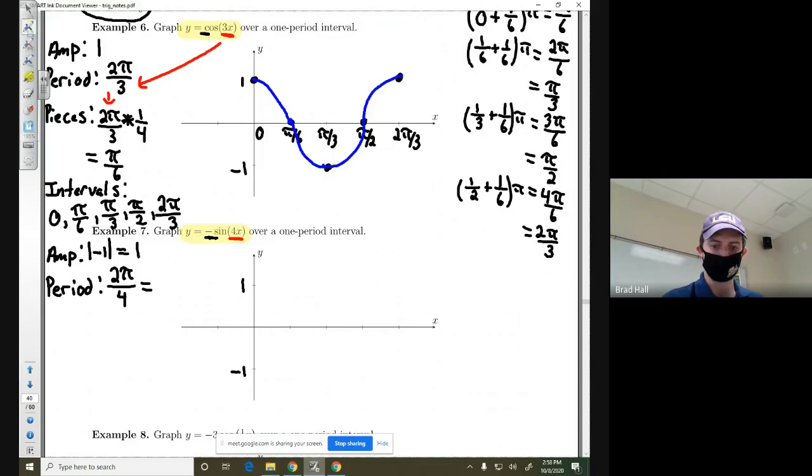Yeah, 2 pi over 4 is just pi over 2. I'll just put that down. Pi over 2. Cool. So the period's pi over 2. So that tells us the size of the increments.